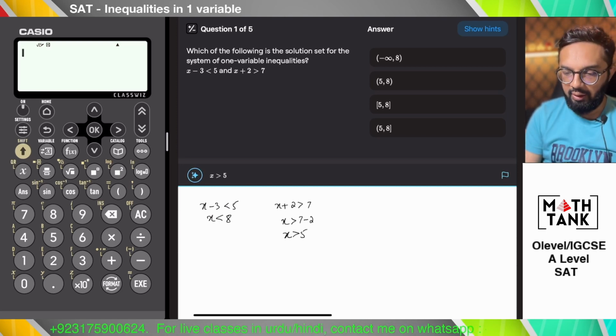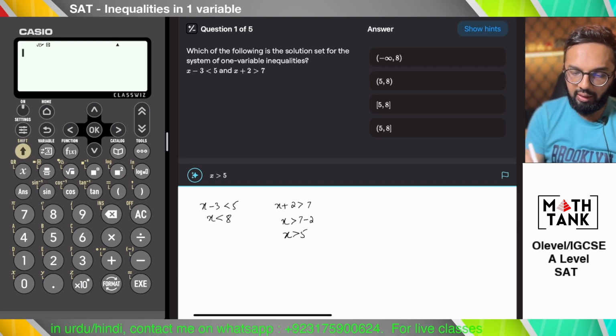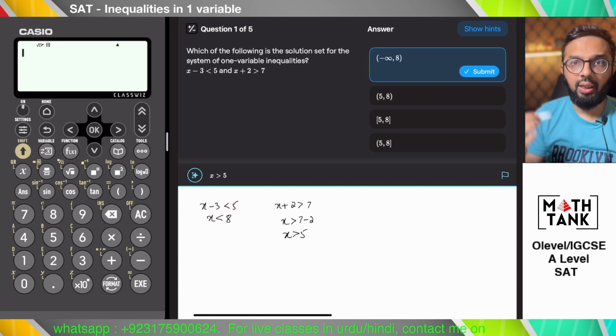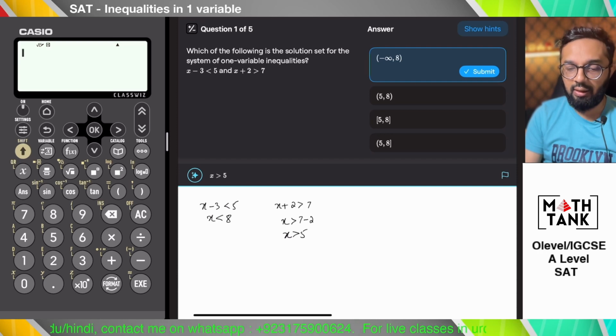Okay, now for these brackets, how do you understand what these brackets are? These round brackets mean that the number is not included. In our case, x is less than 8, so x equals 8 is not included in this.